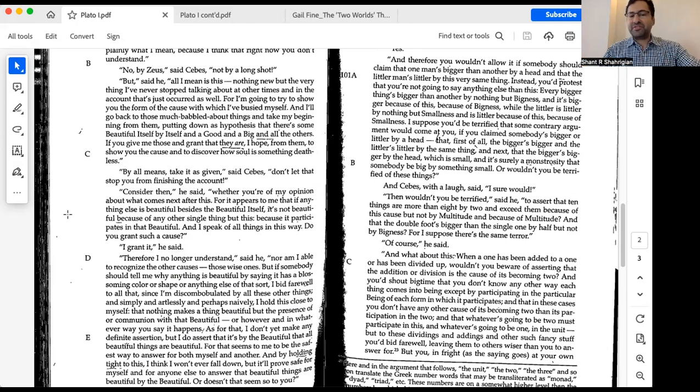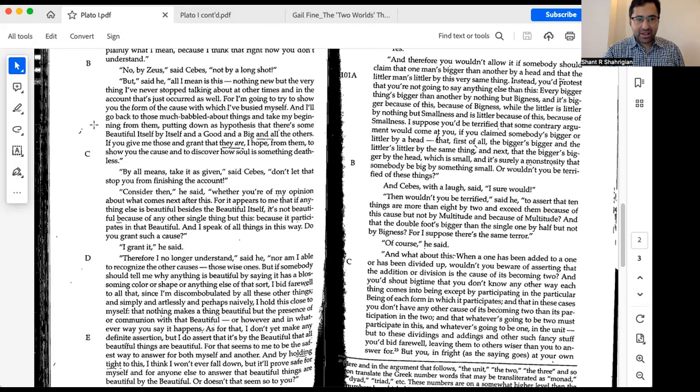I think where the theory of the forms would come in is that it explains what it is we think we mean when we call a Renaissance painting from 1500 beautiful, and use that same word beautiful to describe a South Asian sculpture from 600 AD, that there's some higher form of beautiful.